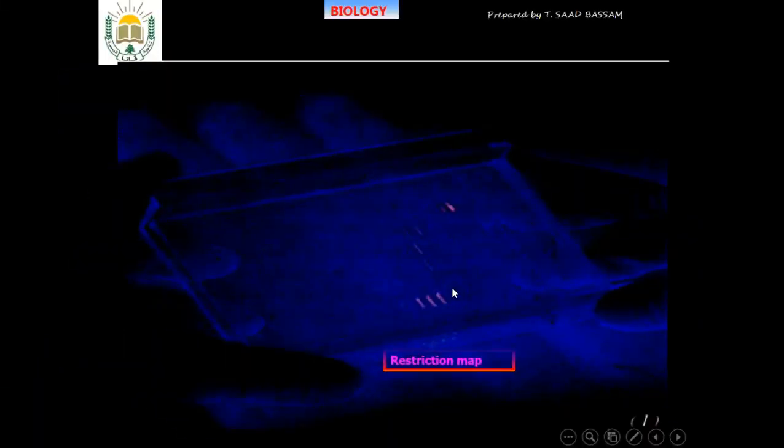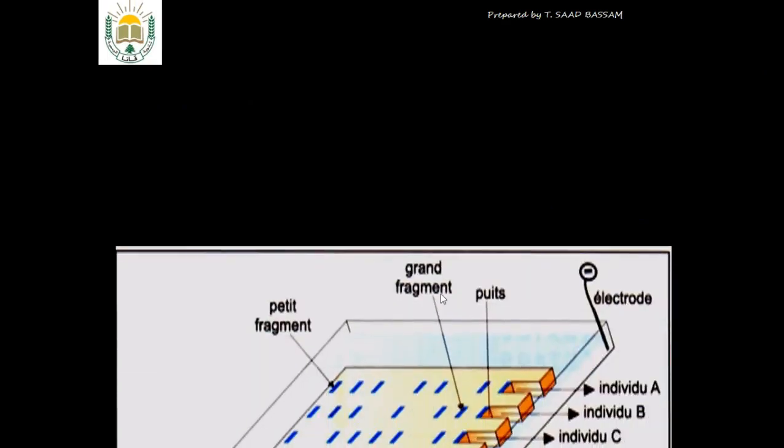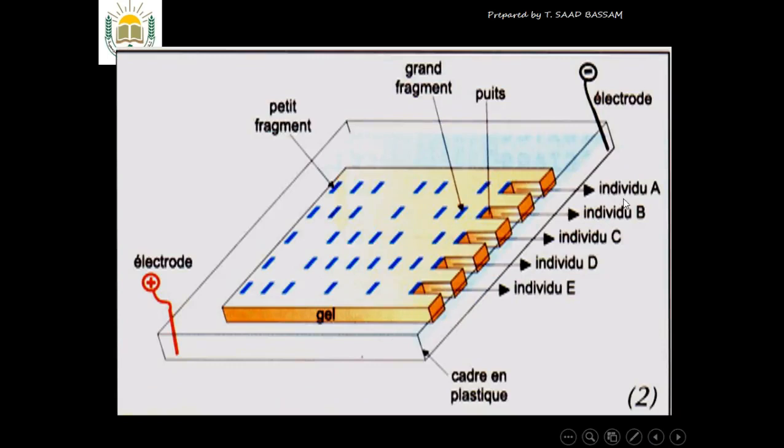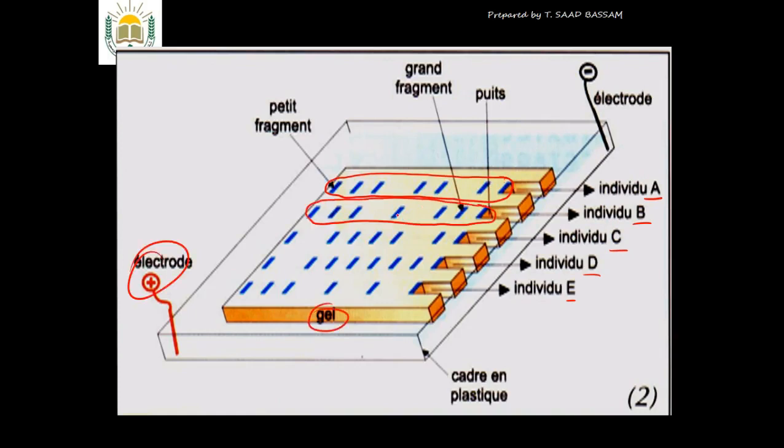Good. Now to finish our study on this document, there is a notion to understand. Please, we have 5 individuals: A, B, C, D, and E, with their restriction maps. Do we have an identical restriction map here?